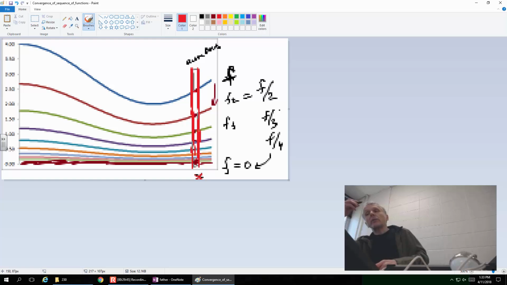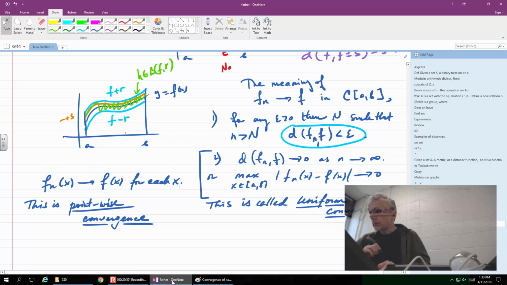But at the same time, we have uniform convergence here as well. Can you see uniform convergence here? So this is uniform convergence on the right, which means that once again, for every epsilon, sooner or later, the distance of the elements of the sequence will be within epsilon from the limit.